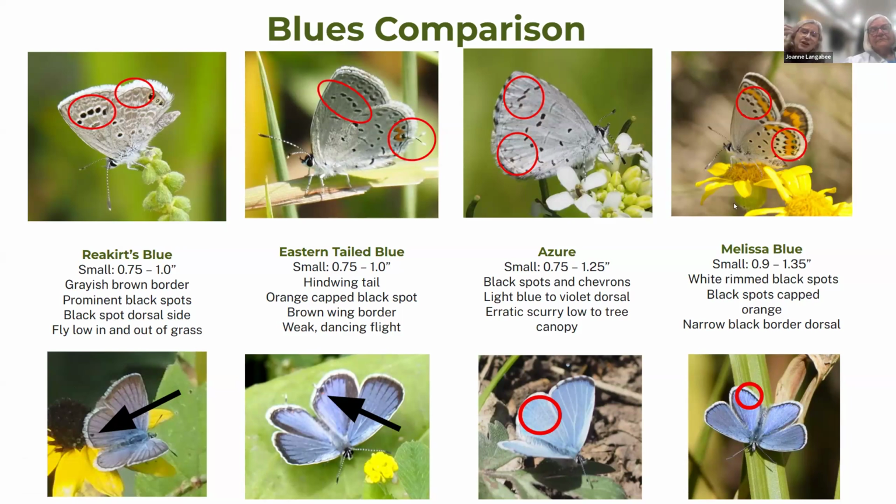If you get close enough and they happen to open their wings, you might be able to see that dark spot, but I don't think I ever have. I took a picture once thinking that it was an eastern tailed blue. And I was told by the next person, no, that black spot tells you it's Reakirt's blue.